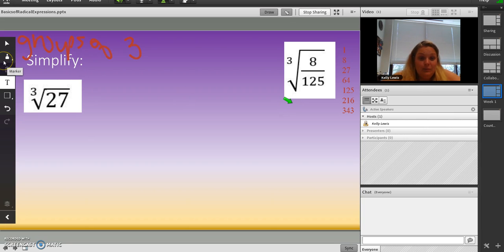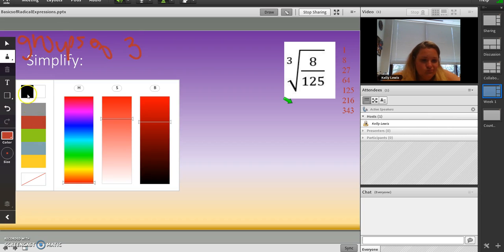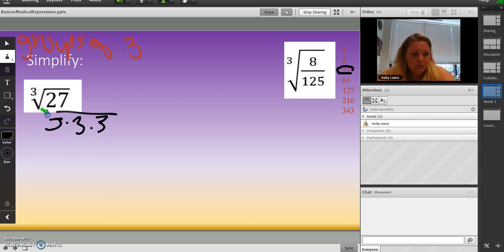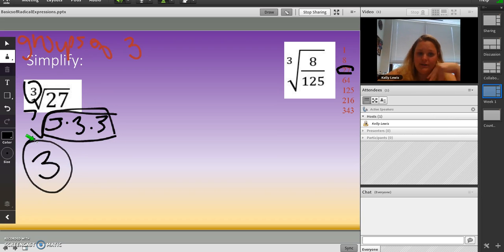But we do it the same way. So 27 happens to be right there, and that's 3 times 3 times 3. The 3 means we want groups of 3. So there's one group of 3, and that's our answer. The cubed root of 27 is 3, because 3 times 3 times 3 is 27.